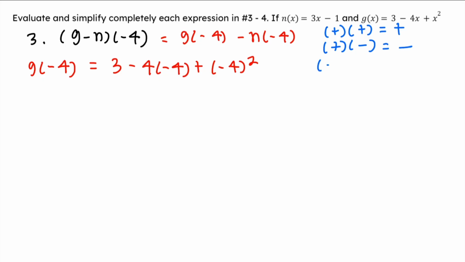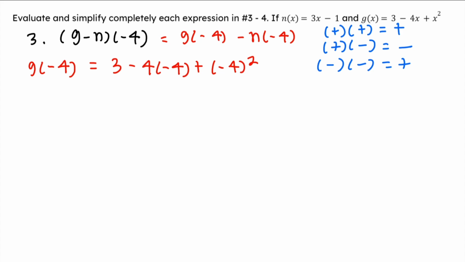And then lastly, a negative times a negative is what? A positive number. So keep this in mind, because the way I reverse engineered this problem is you're going to encounter a lot of scenarios like this where you might mix up positive or negative. So there's a lot of places here where I'll show you where you can mess up your signage. So keep that in mind when going through this problem.